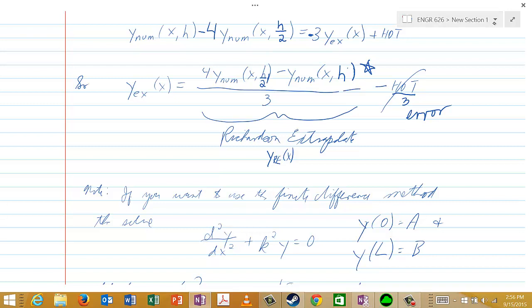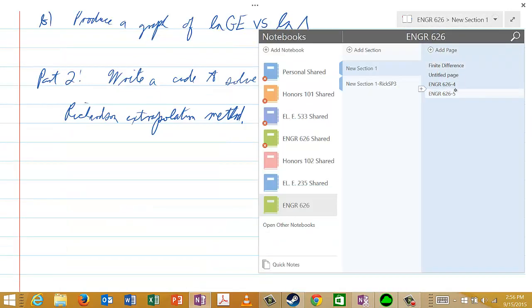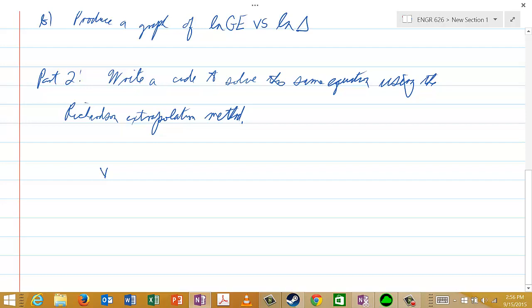So let's actually repeat that formula over here. We have YRE of x is equal to 4 times y numerical of x comma h over 2 minus 1 times y numerical of x comma h, divided by 3.